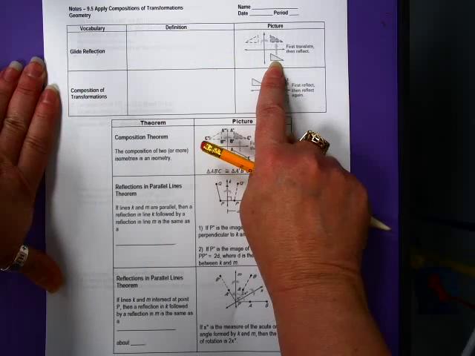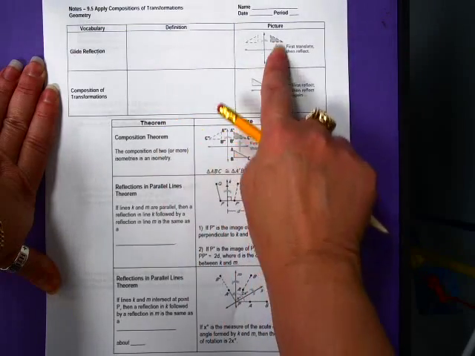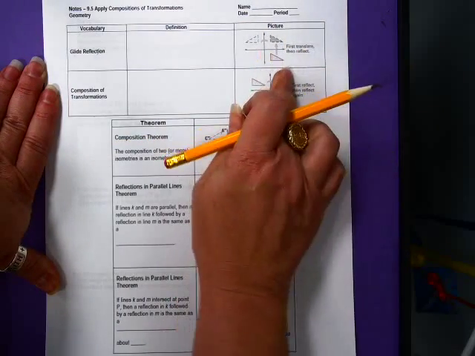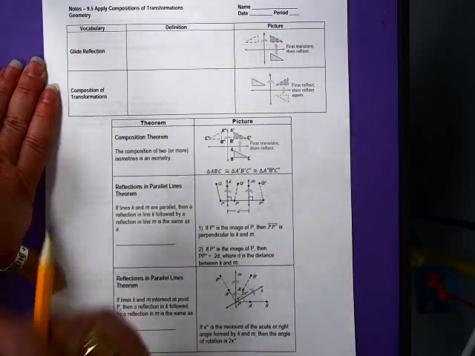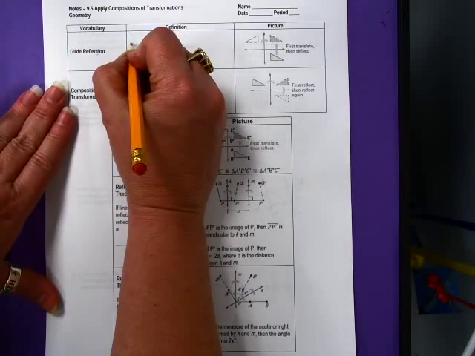A glide reflection is when you start off with a figure and you translate it and then you reflect it. So it's gliding and then reflecting. So from here to here we call it a glide reflection.